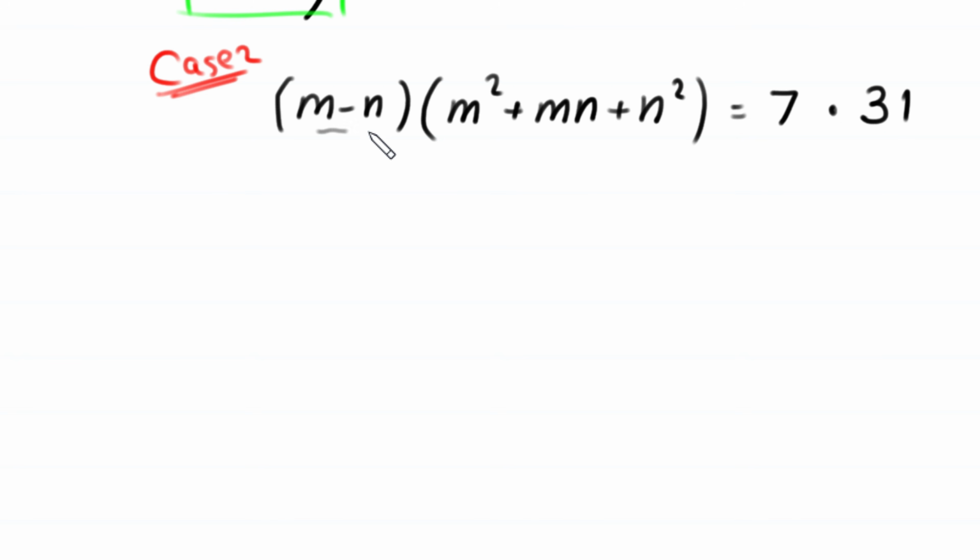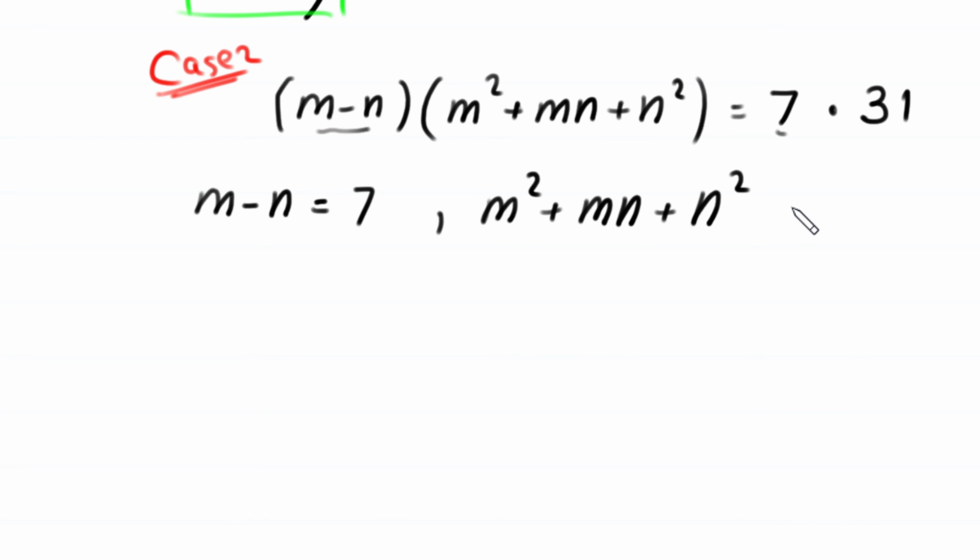So this m minus n will be equal to this 7. This second factor m squared plus m times n plus n squared will be equal to this second factor 31.